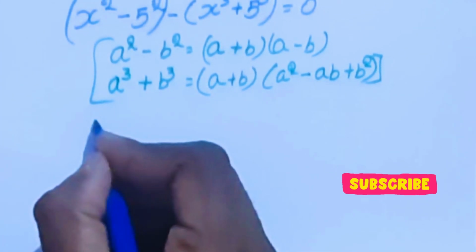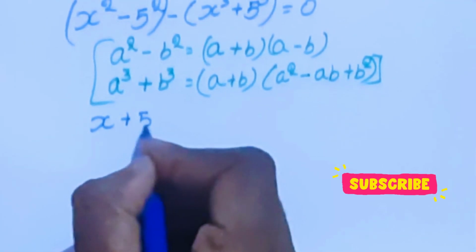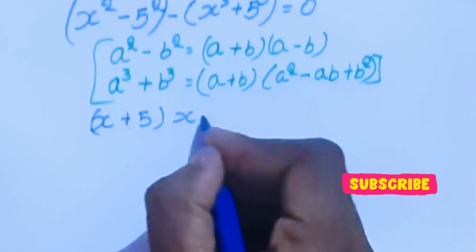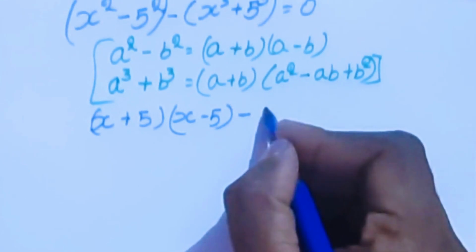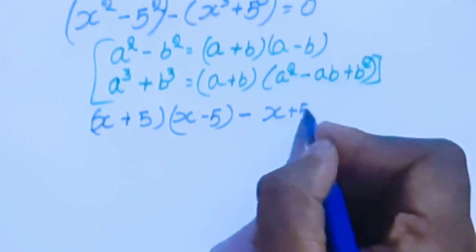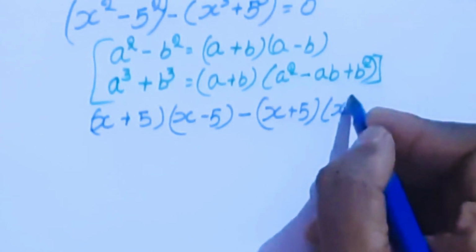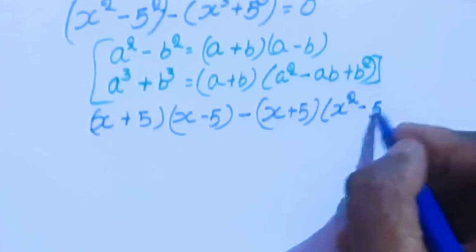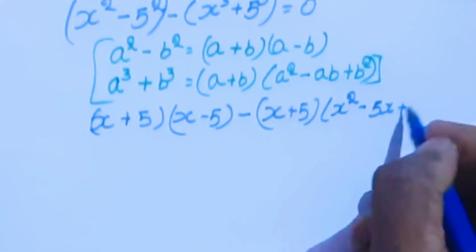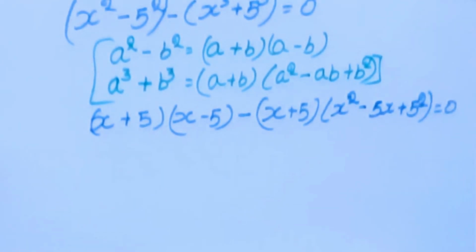So we'll get (x + 5)(x - 5) - (x + 5)(x^2 - 5x + 5^2) = 0.